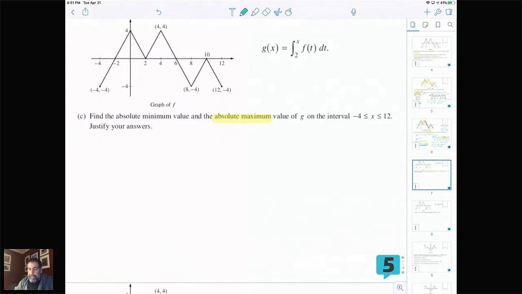So the idea is first, who are the potential values that could be an absolute maximum? And the places you're going to find them, the candidates, are always the endpoints and the critical points.